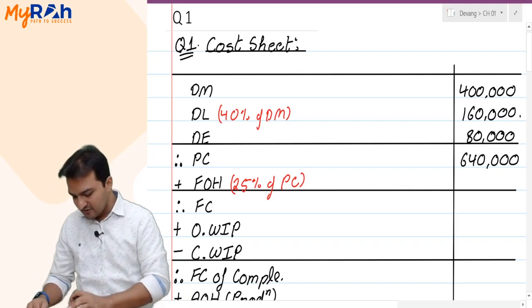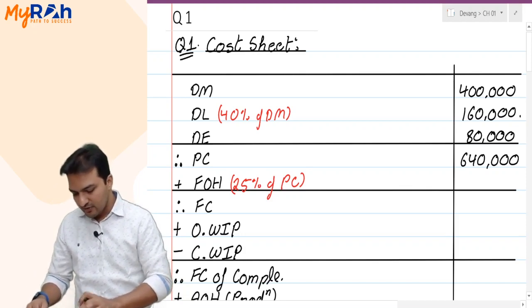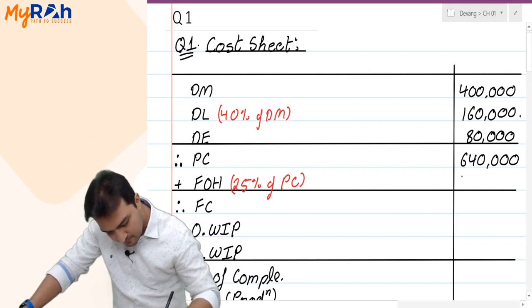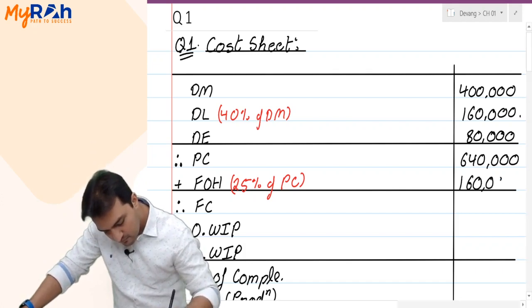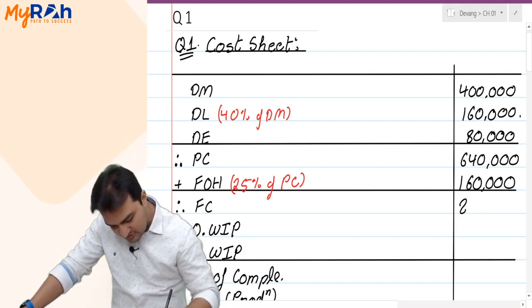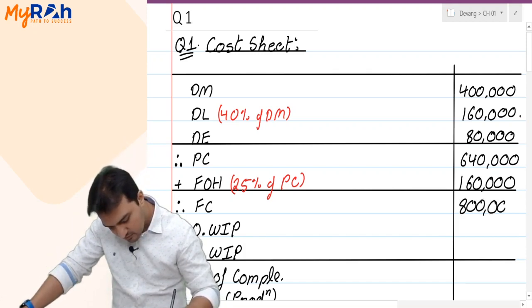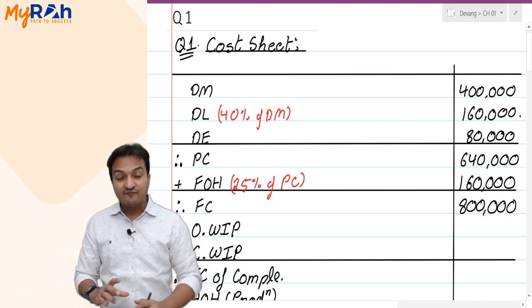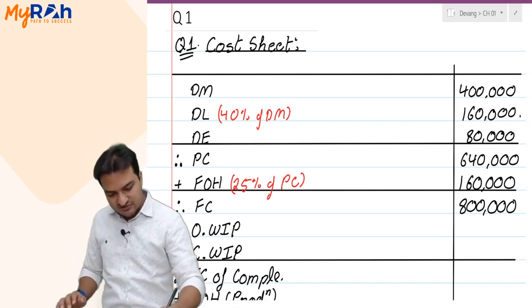Prime cost I have is 6 lakhs 40,000 into 25%, another 1,60,000 becomes my factory overheads. Adding that will give me factory cost as 8 lakhs. Now this 8 lakhs is my factory cost. On that I will have to add opening WIP less closing WIP.